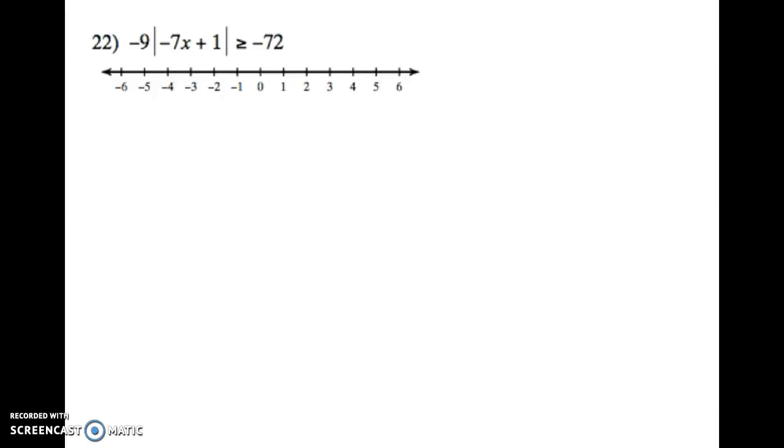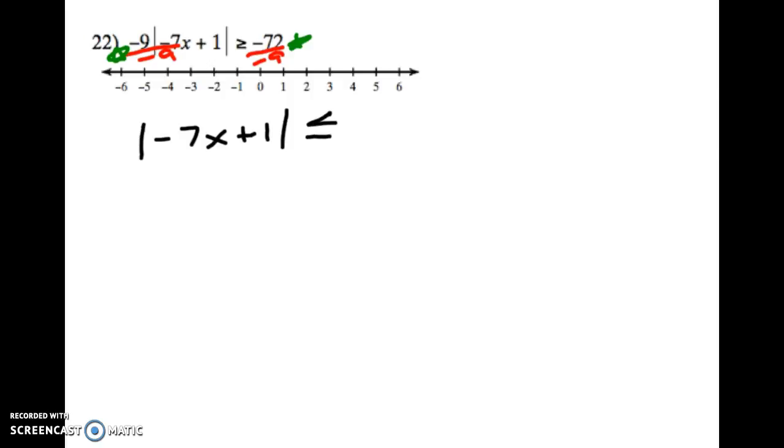Last one is going to be quite fun. First of all, once we get that negative 9 out front, to get rid of that negative 9 that's being multiplied by the absolute value, we're going to have to divide. Now, if you remember, whenever we divide by a negative number, the direction of the inequality switches.